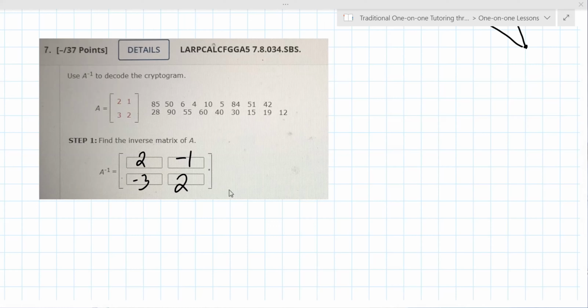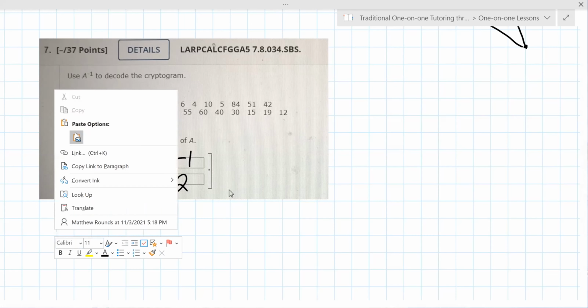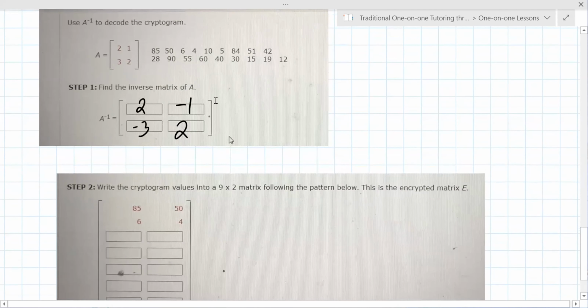Okay, and let me try to show you that here. 85 and 50 are there. 6 and, well, no, I'm sorry, it's not. I guess this is like 10 and 5. This is not like a standard thing. So 42. Sometimes you can try just a couple of elements.